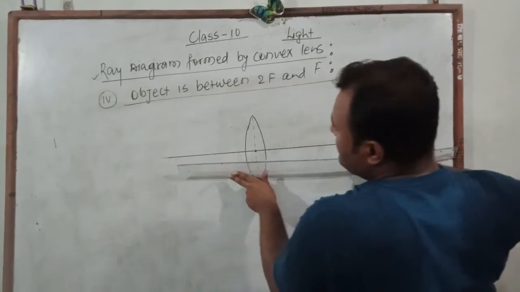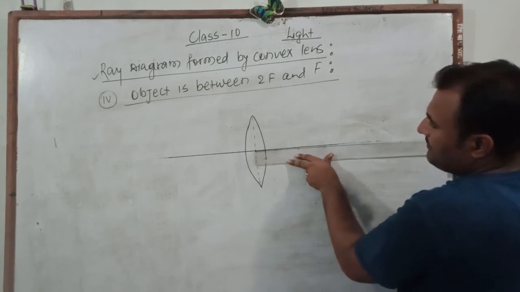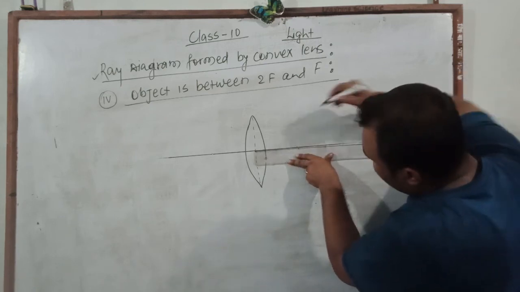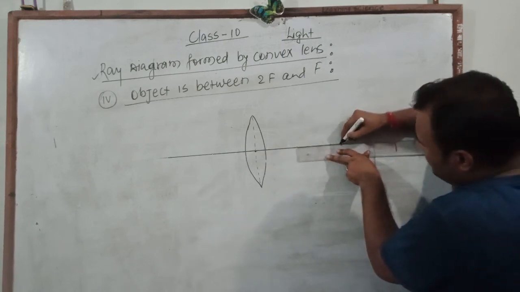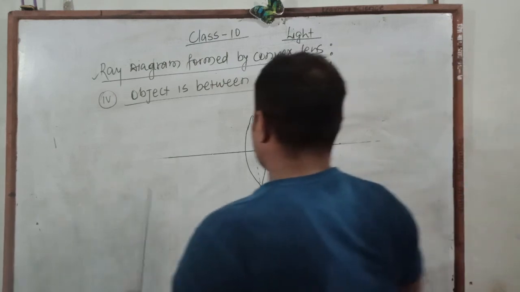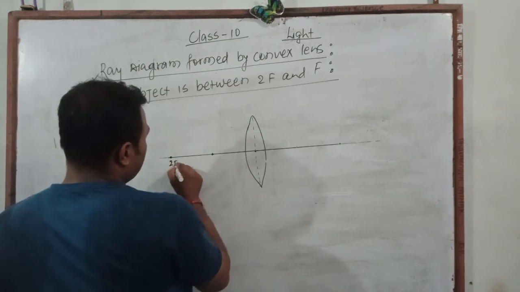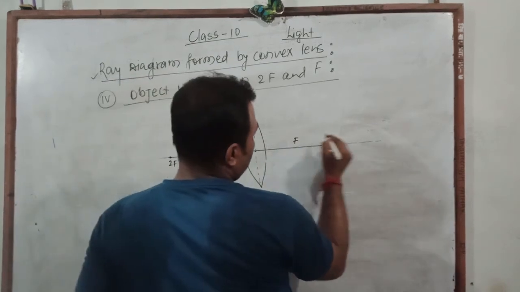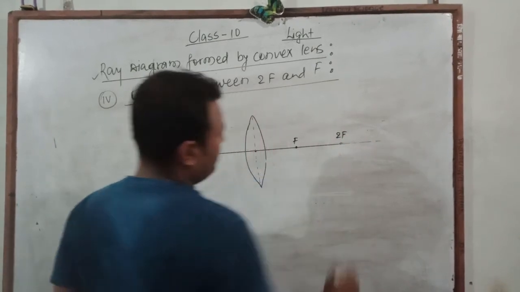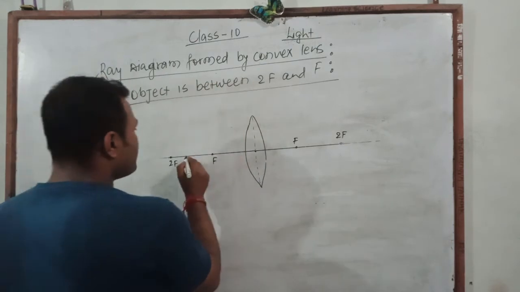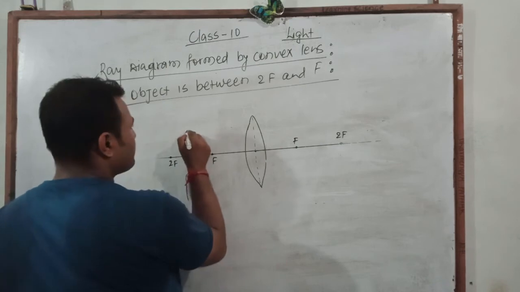On either side we measure the same distance F and 2F. We mark F, 2F, F, F, 2F. And according to the condition, the object is between F and 2F. We consider this is the object.